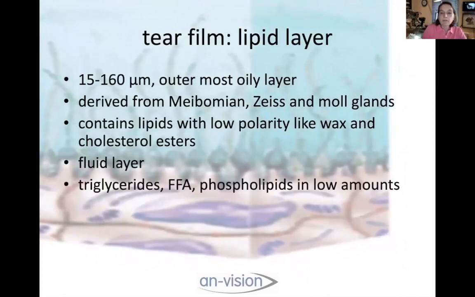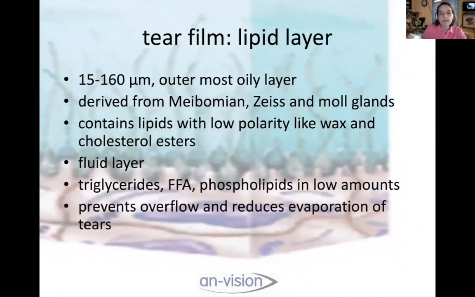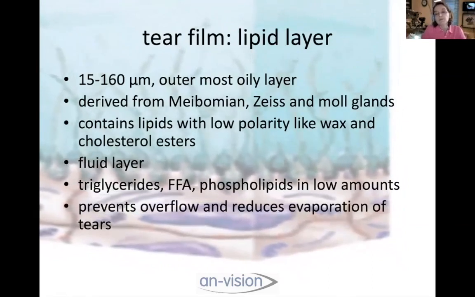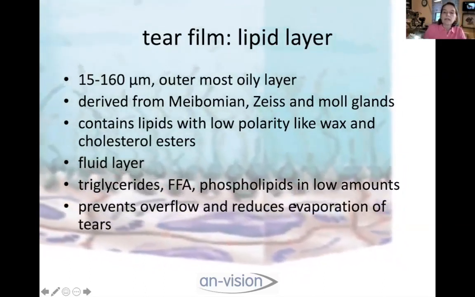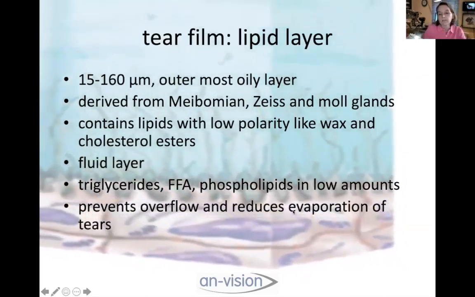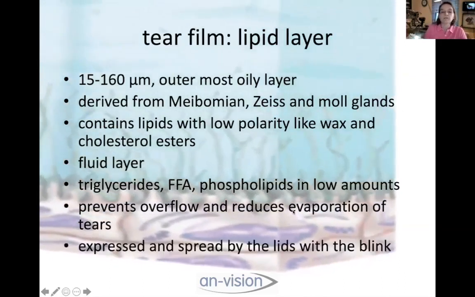It's the fluid layer, it's oily. It contains triglycerides, free fatty acids, phospholipids, and it prevents overflow, of course, but it also reduces the evaporation. And that's actually the main effect clinically that we see currently in evaporative dry eye disease.